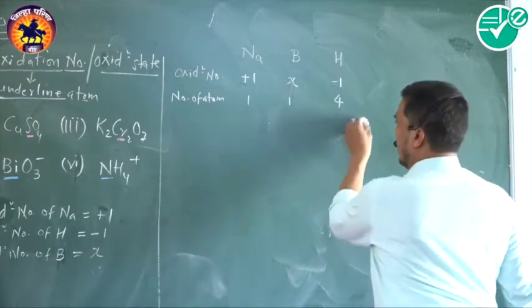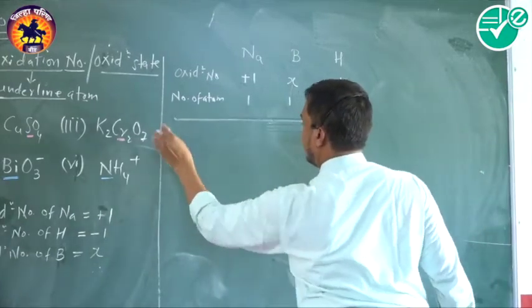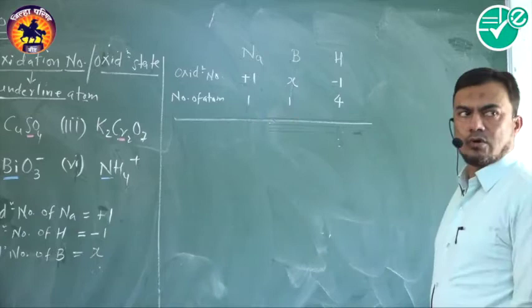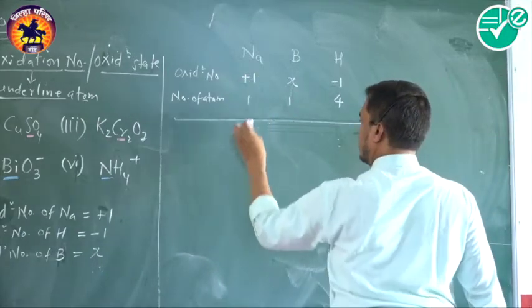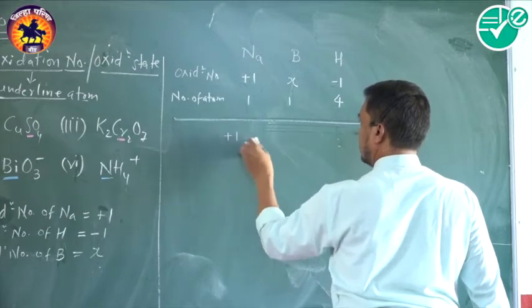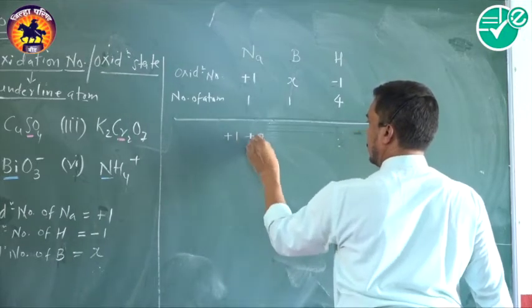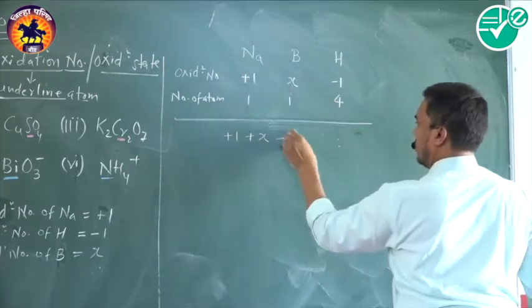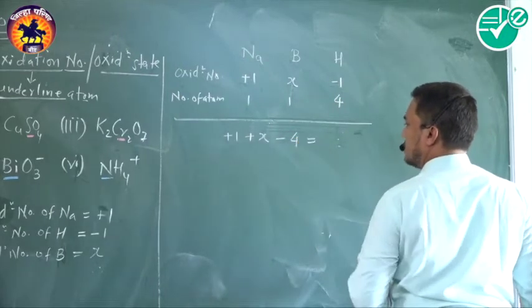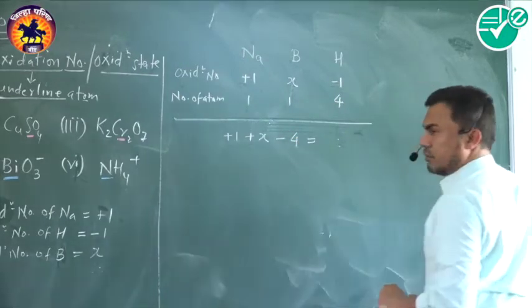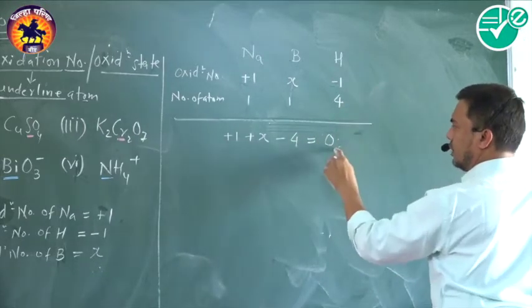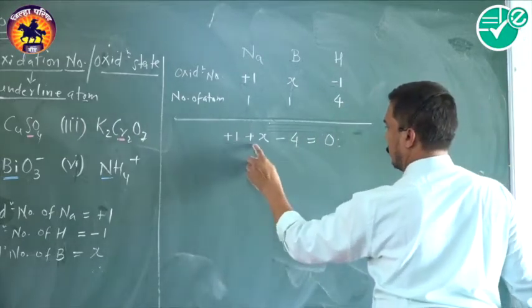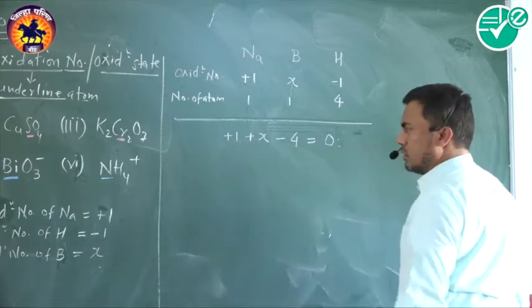So sodium in the compound 1, boron 1, hydrogen 4. Now we have to add up the sum of all the oxidation numbers, which is called the algebraic sum. So we multiply, it becomes +1, then plus X, and here -4. Since the algebraic sum of oxidation numbers of all the atoms in a neutral molecule is 0, the equation becomes +1 plus X -4 is equal to 0.